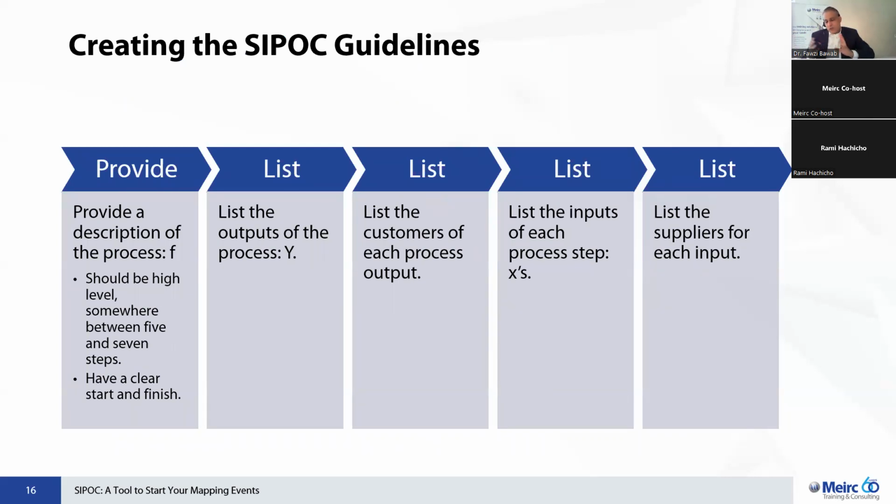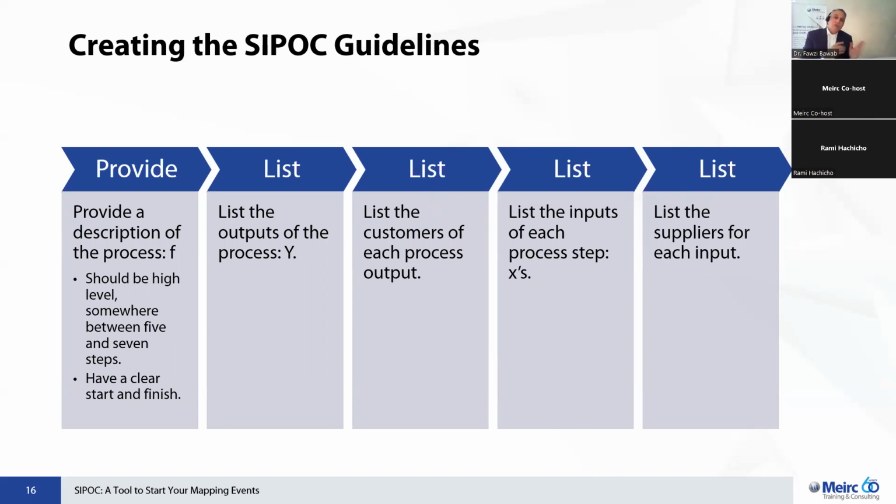So I would like to start usually with the output, identify what are the specific outputs that this process is providing, whether it's information, whether it's a report, whether it's a coffee, maybe you're making coffee. So again, it is the output that we seek from this process. And then we can ask about the customers, who are the specific customers that are receiving each of these process outputs.